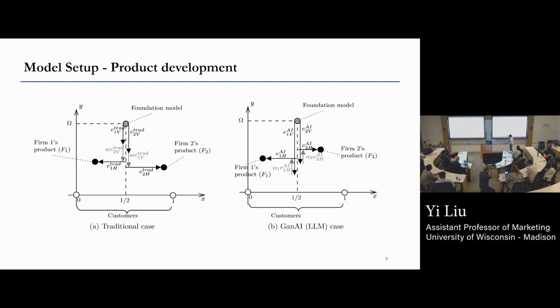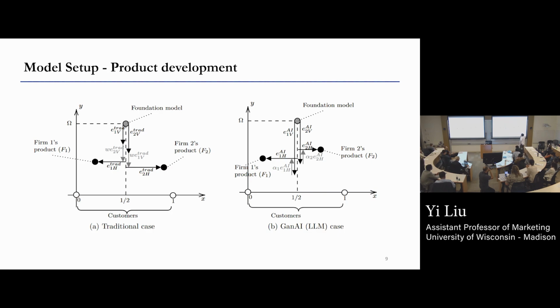Your effort here can somewhat contribute to the others, and the effort here can be contributed to the others. That's one thing. Another thing is that these two dimensions are just separate, like two different modules. They will not affect each other. However, in the AI case, first of all, it's really hard for firms to collaborate, even on the vertical dimension. So we set this W to 0.